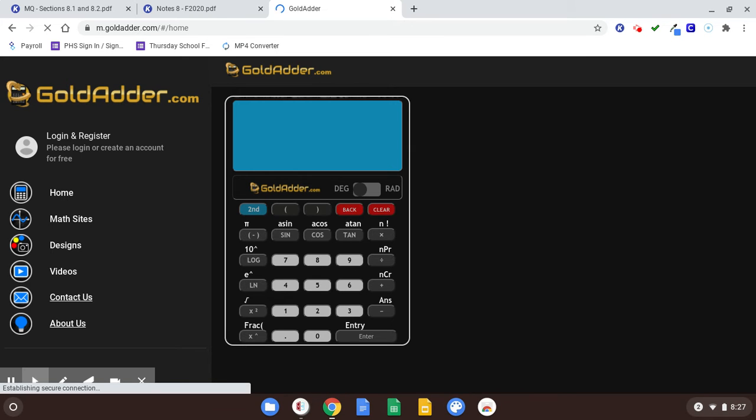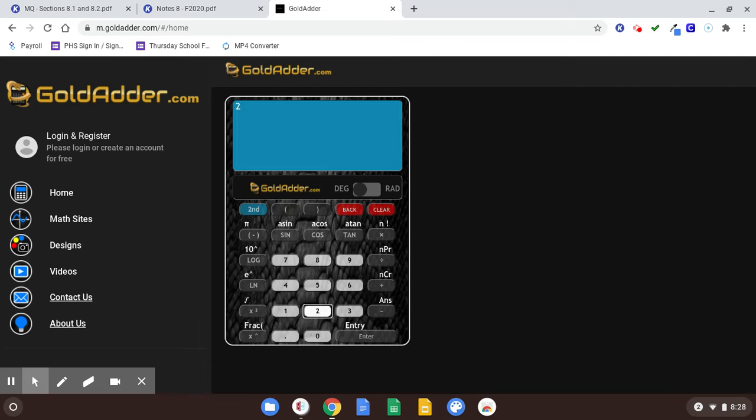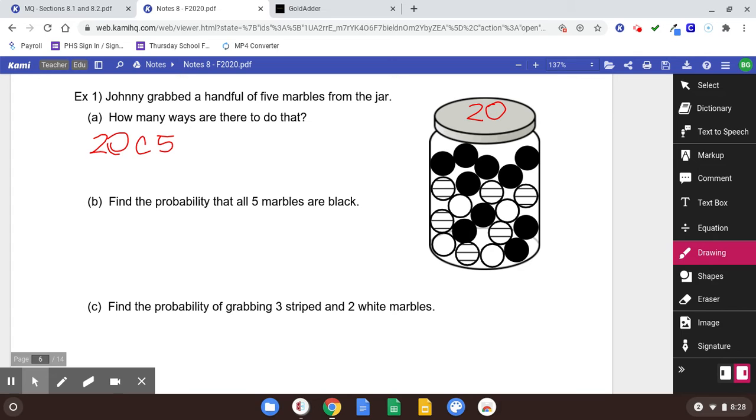Let's check it out, 20C5. $15,504. Now, a lot of times the setup is just as important as the answer, so make sure you show your work and how you set it up, and that way I'll know that you know what you're doing.